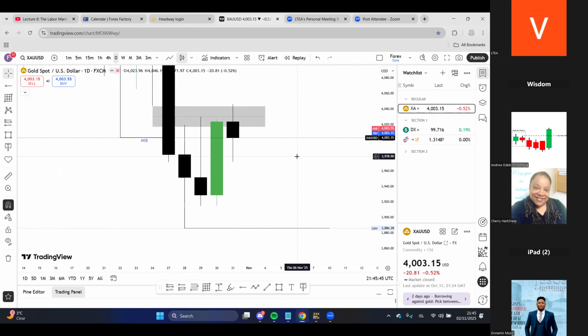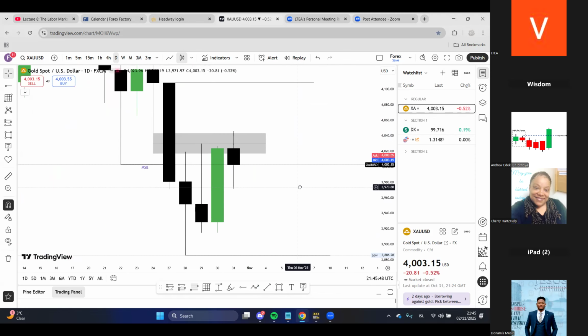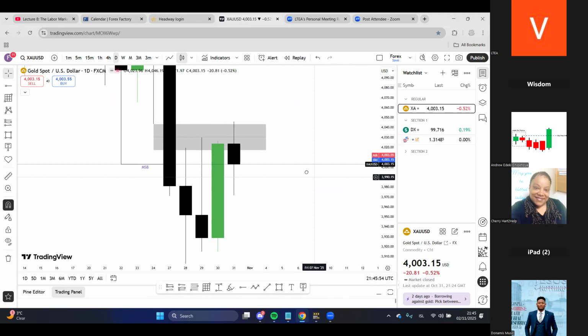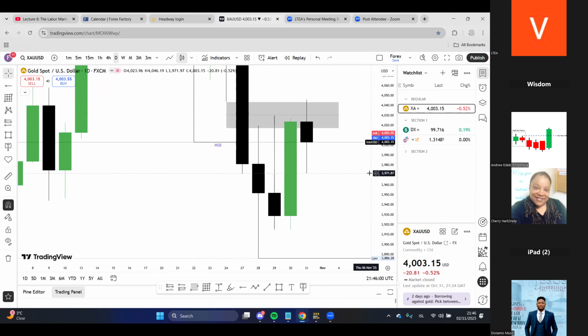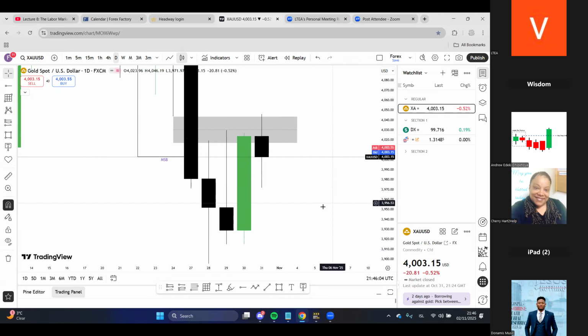So on Friday, how did price close? Now we have a strong bullish engulfing into this area. Price didn't take out the previous Wednesday low and Wednesday high. Thursday didn't do any of that. But what happened on Friday?